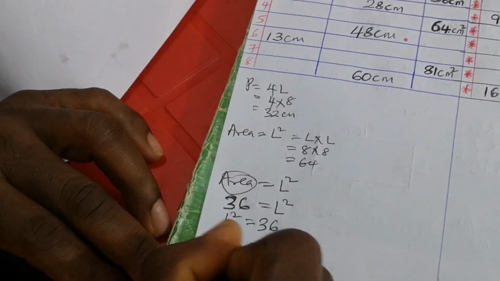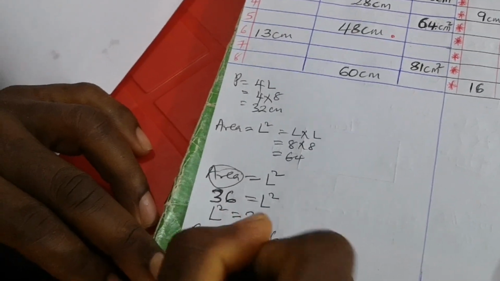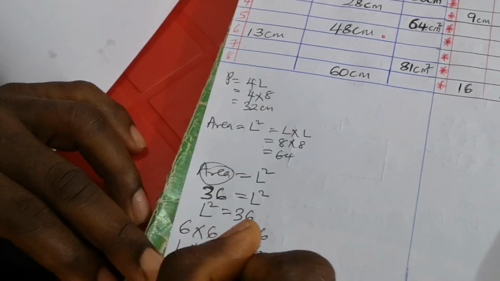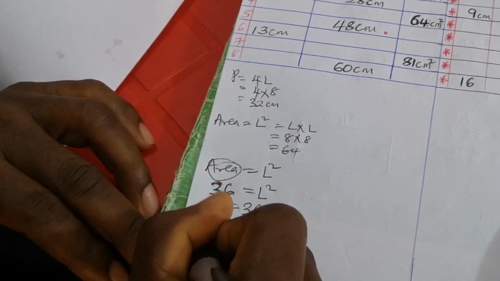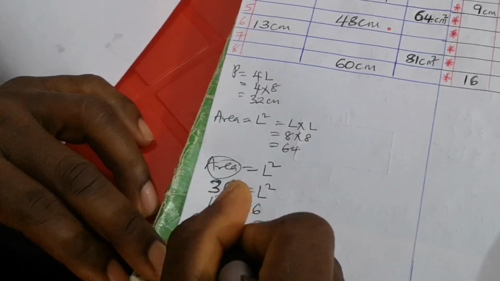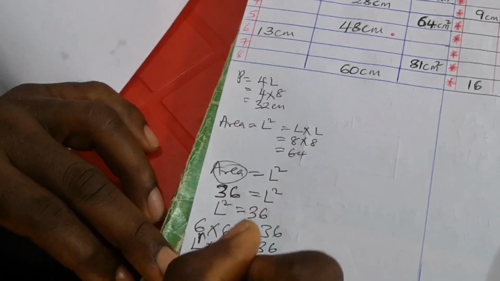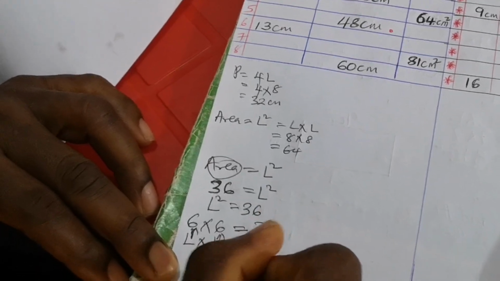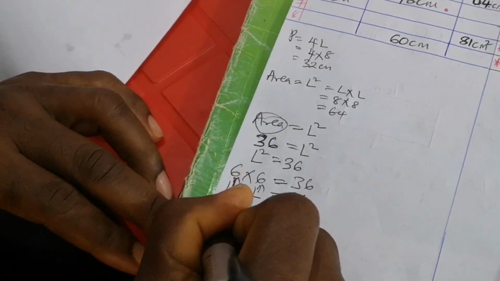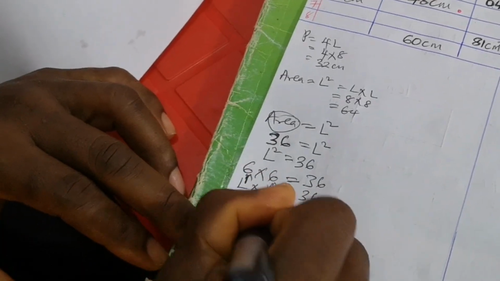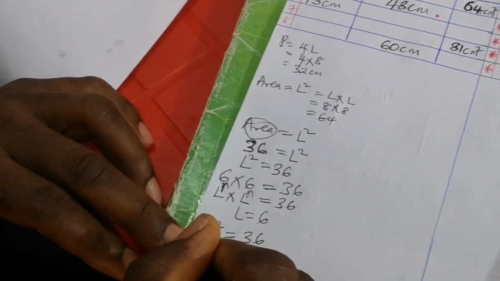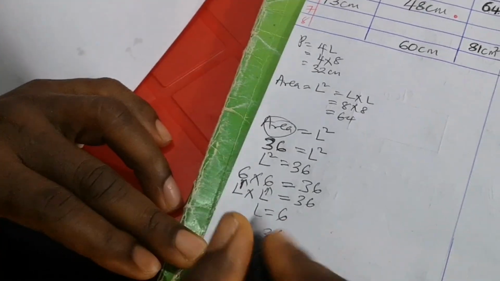Just like we have L times L is equal to 36, which is the formula for area, that means L is equal to 6. 1L is 6 and 1L is 6. Therefore, L is equal to 6. Another way we can solve for L is, since we have that L square is equal to 36, we find the square root of both sides.